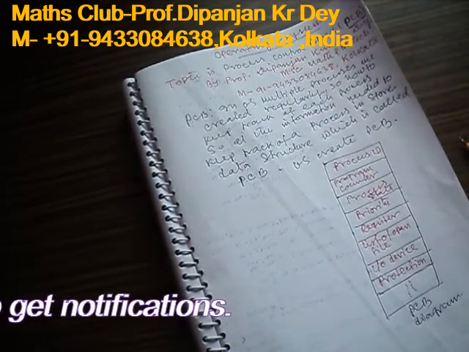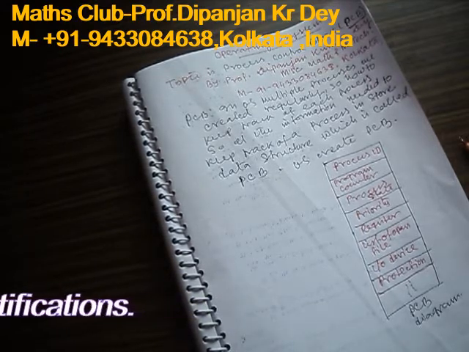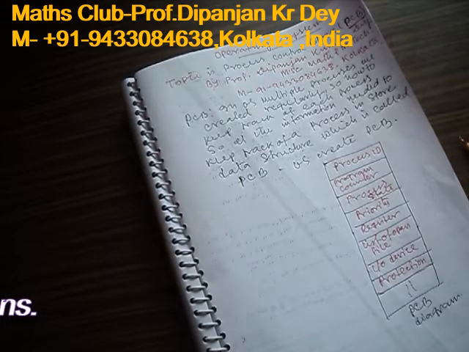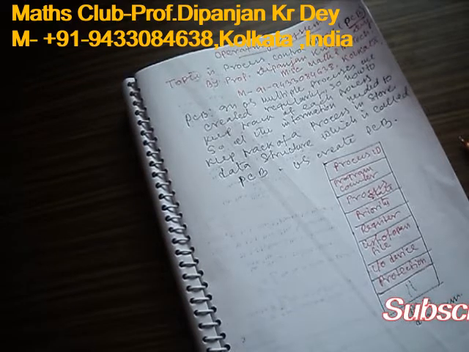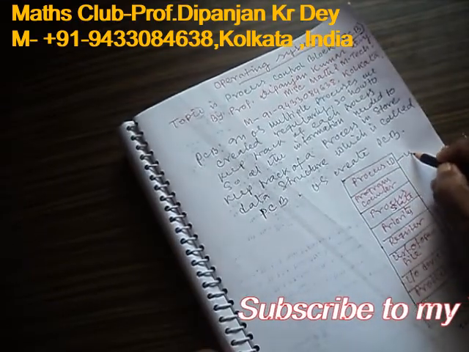First is process ID. Process ID means a unique number. A unique number is given to each process, and this is given by the OS. Every process has a unique ID, a unique number.